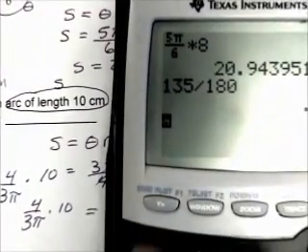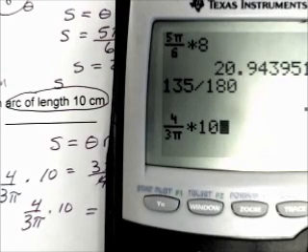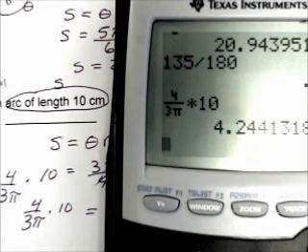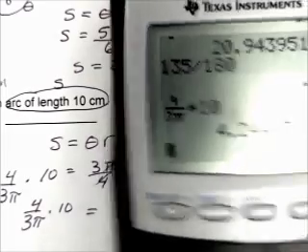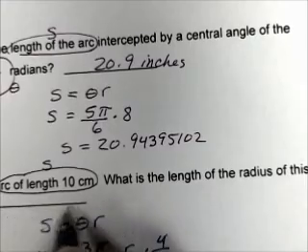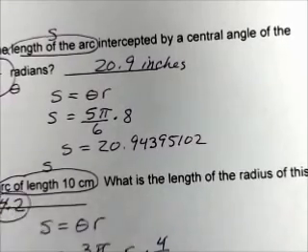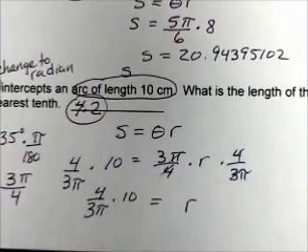Now I'll go to the calculator. That's 4.24. We're rounding to the nearest tenth, so 4.2. So our answer is 4.2.